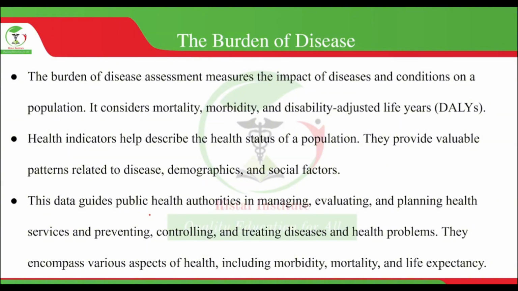So when we talk about the burden of communicable diseases, or generally diseases, our emphasis is on three indicators. Of course, these indicators can be more. We look at mortality, which is about the deaths that are caused by particular diseases, and then morbidity, the number of people having particular diseases, and then disability adjusted life years.